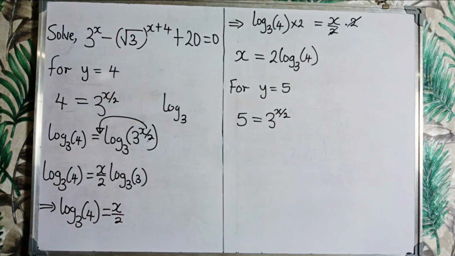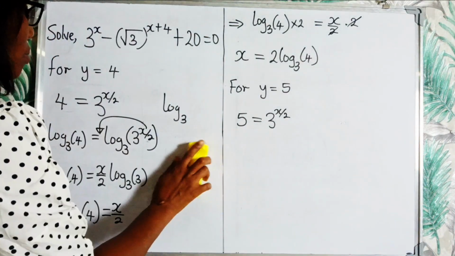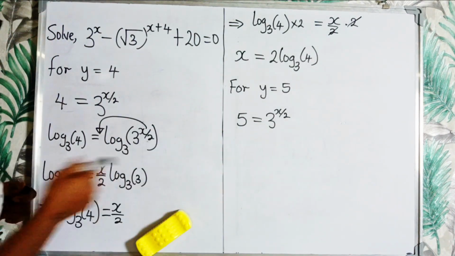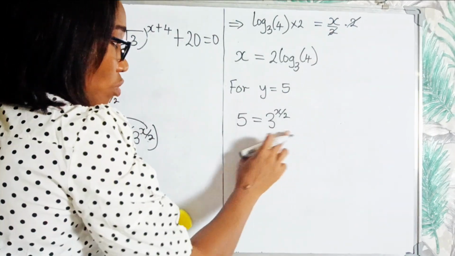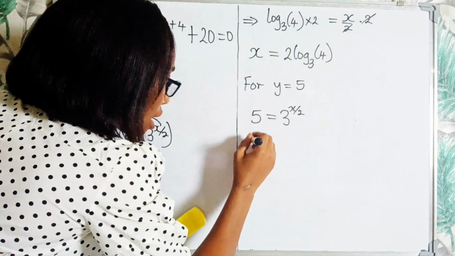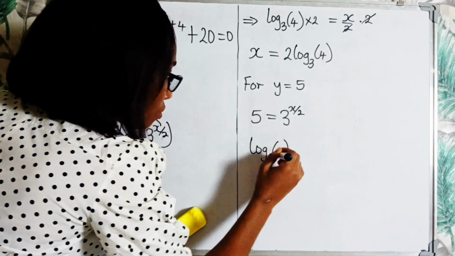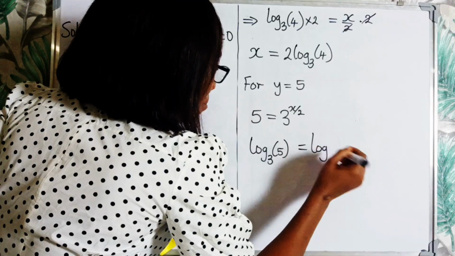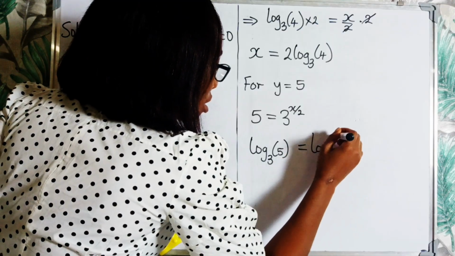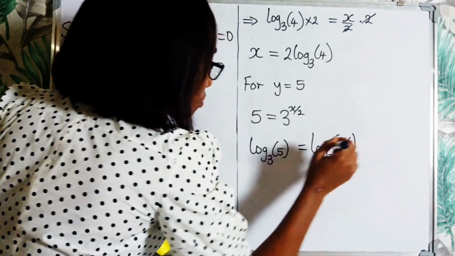We are going to do the same thing: introduce log base 3 on both sides of the equation. So here I have log base 3 of 5 equal to log base 3 of 3 raised to power x over 2.